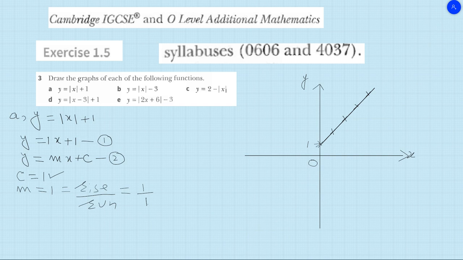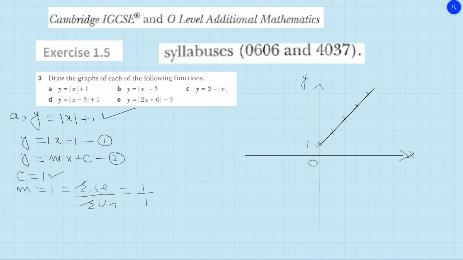But students, as you know, the graph of this is not our target. Our target is to draw the graph of this function, the absolute valued function, y is equals to modulus or absolute x plus 1.